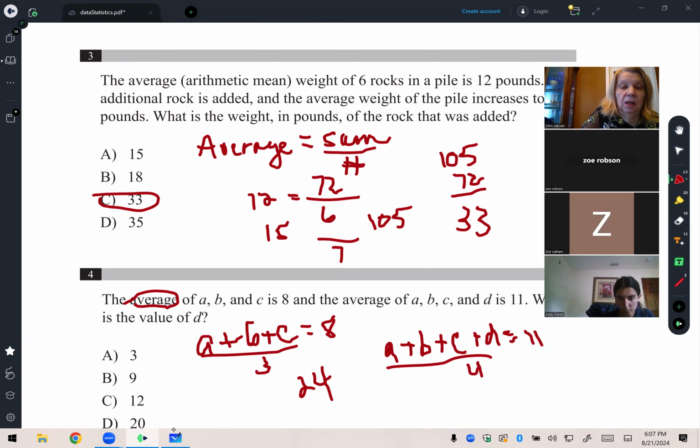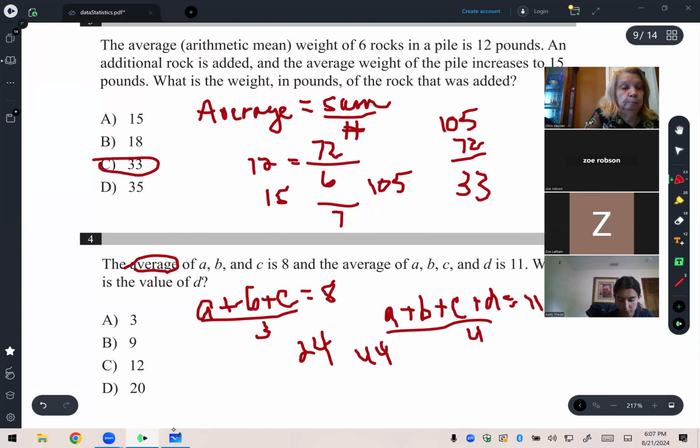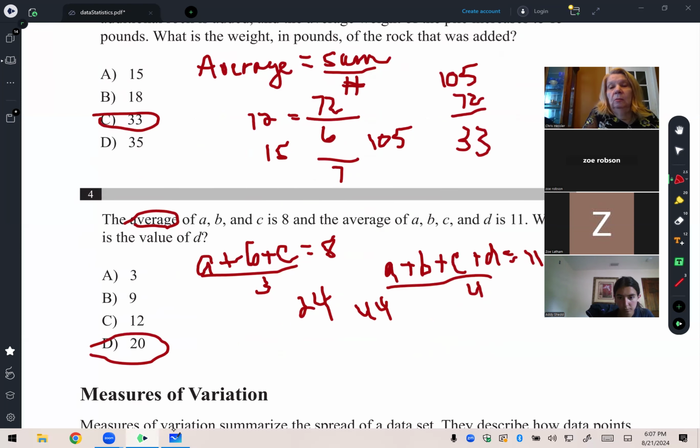So this is 44. And 44 minus 24 on this planet is 20. So, Addie, you're good with that one? Yep. And Zoe Latham.